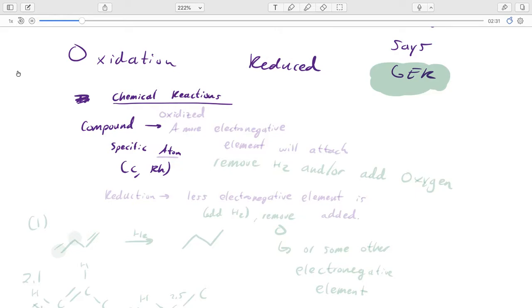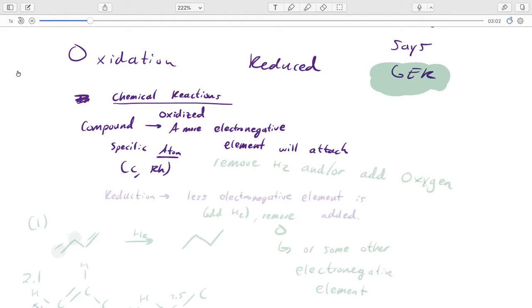So the atom we are looking at, if it goes through an oxidation reaction, a more electronegative element will attach, causing it to lose electrons, hence it getting oxidized.